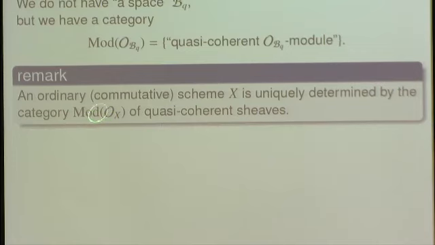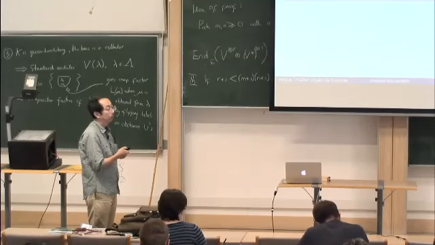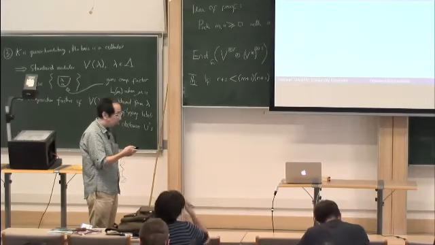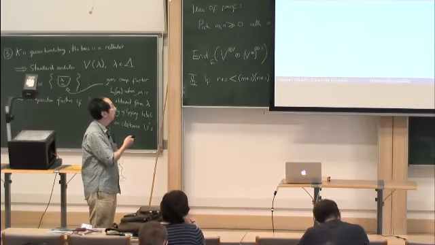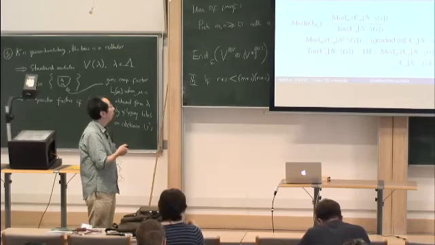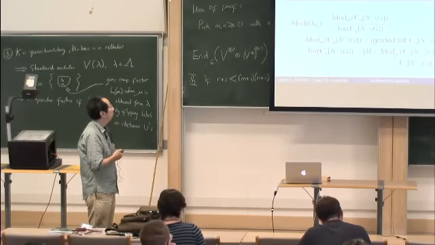So from this category we can recover the scheme X. In the non-commutative setting, we consider some kind of abelian category, and we think that we are given some non-commutative variety if we are given some category. So this is the idea of non-commutative algebraic geometry. And in this case, this category is defined as follows. So this is a definition.